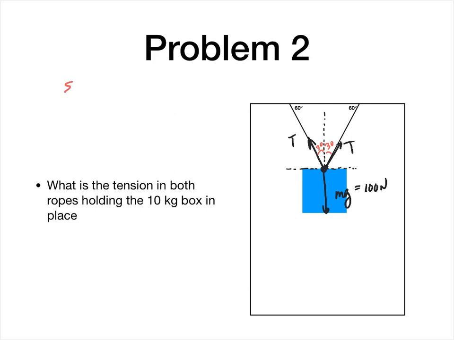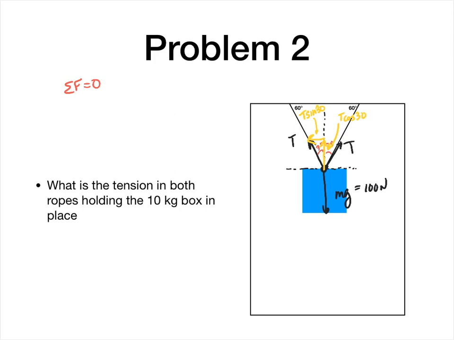Either way, the net force is 0. So this top one has got to be T sine 30, and the side one has got to be T cosine 30.